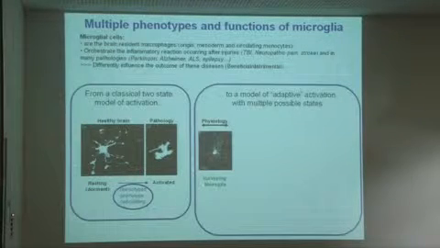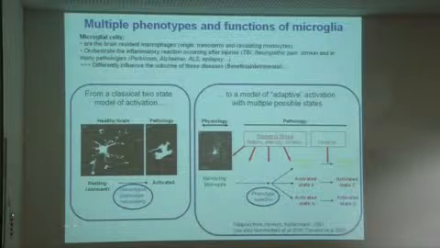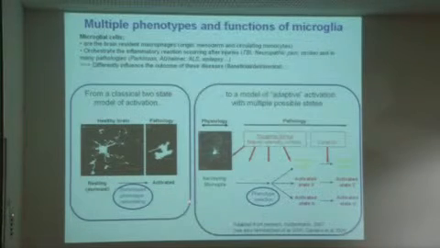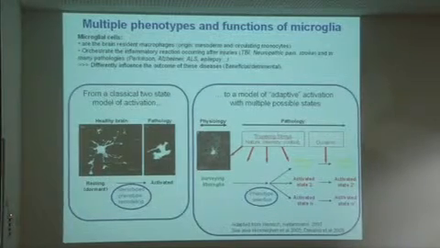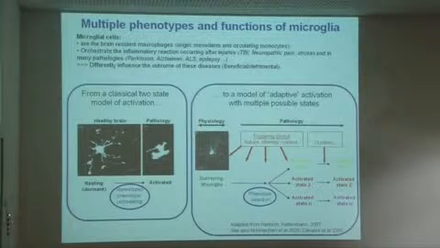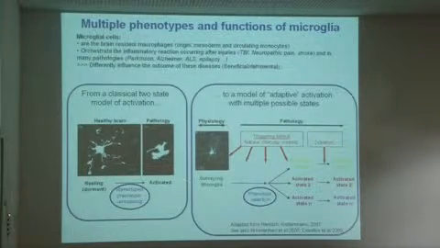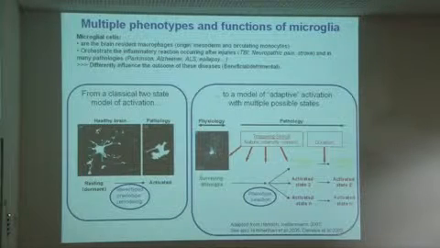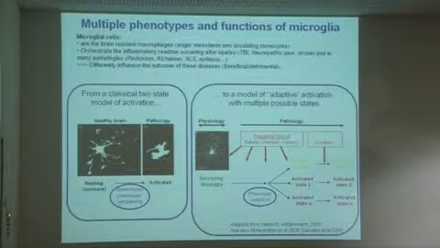In addition to the fact that they're more in a surveying state than in a resting state, we know now that when they are activated in pathological conditions, depending on the nature, the intensity, and the context of the triggering stimulus, there will be a phenotype selection which will drive those cells into different possible activated states.